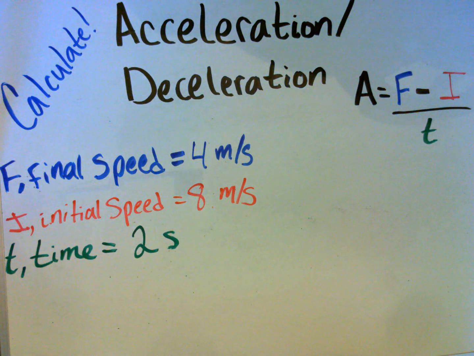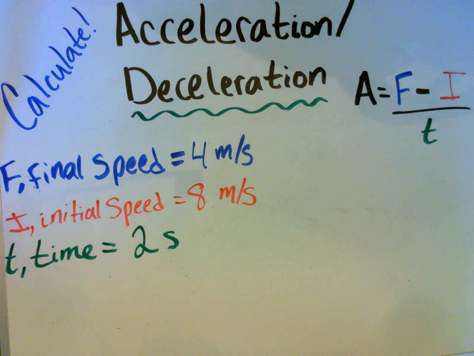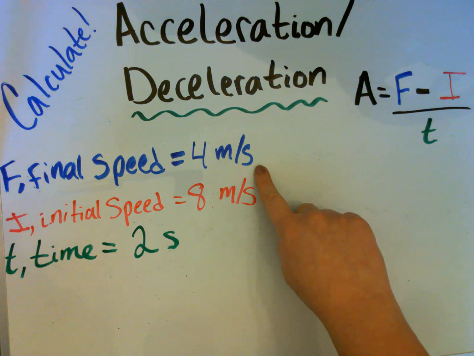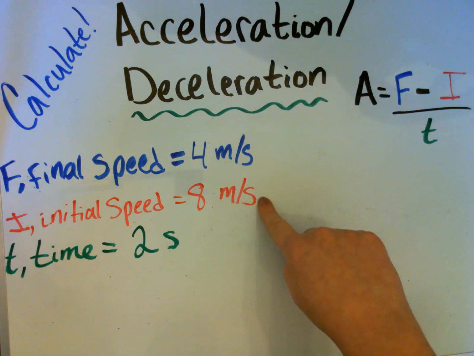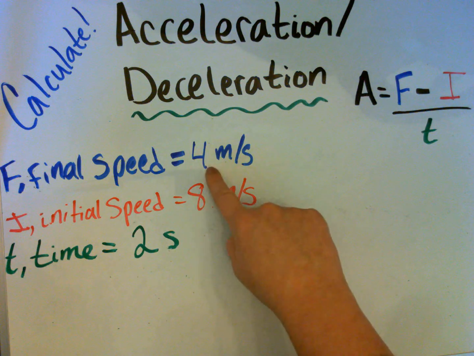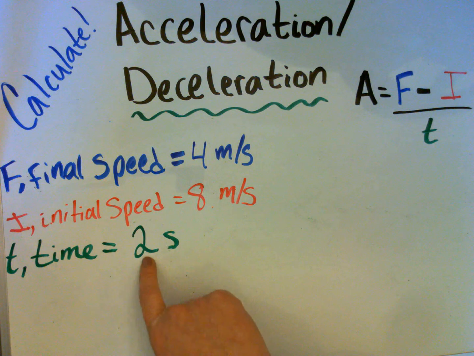All right, welcome back to our next example. This time we're going to talk about deceleration. If you remember from your reading, deceleration is just negative acceleration. So for this example, we have a final speed of 4 meters per second and an initial speed of 8 meters per second. So you can see that our initial speed was faster and we slowed down from 8 meters per second to 4 meters per second. This slowdown occurred over a 2-second period.